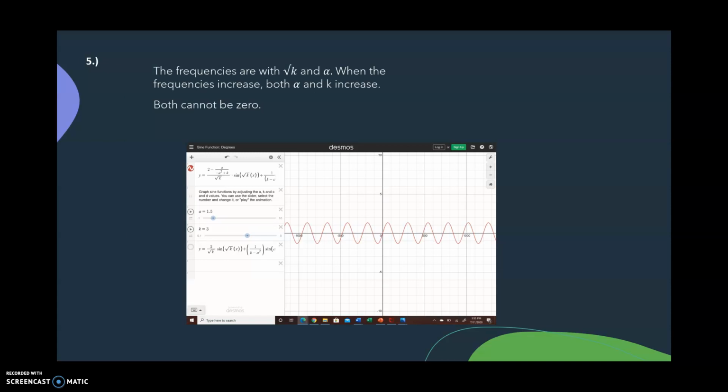When we plug that equation into Desmos, we find that the frequencies are the square root of k and alpha, and both frequencies increase as alpha and k increase. We also know both alpha and k cannot be equal to 0, or else we would not have a graph.